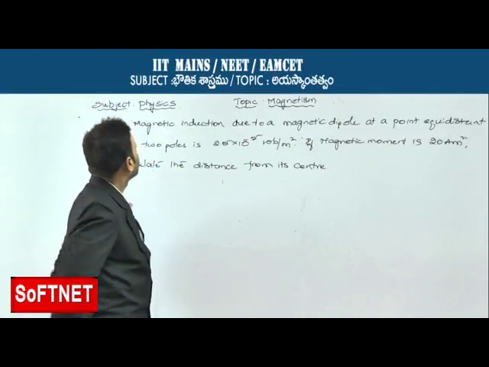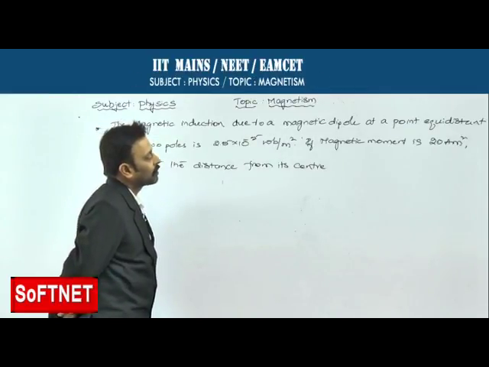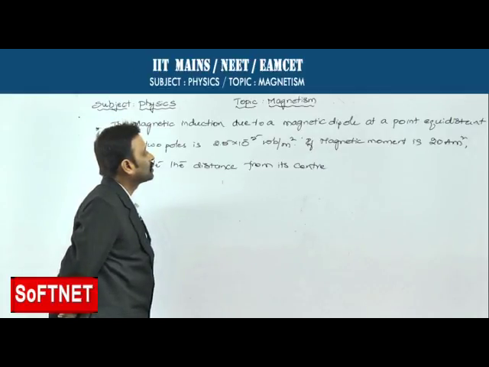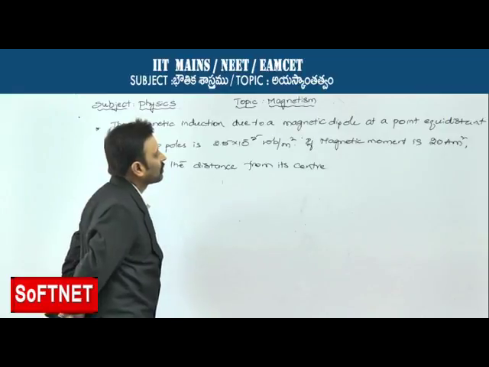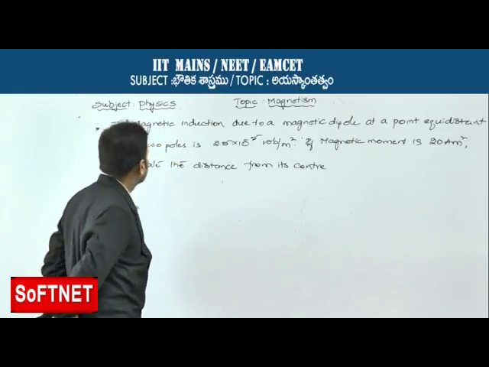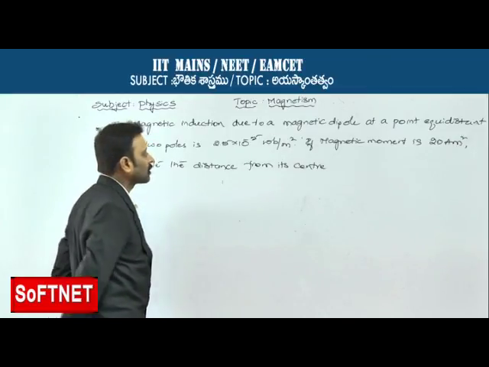The next problem: the magnetic induction due to a magnetic dipole at a point which is equidistant from two poles is 2.5 10 to the power minus 5 Weber per meter square. If the magnetic moment of that magnet is 20 ampere meter square, you are asked to calculate the distance of the point from the center of the magnet.